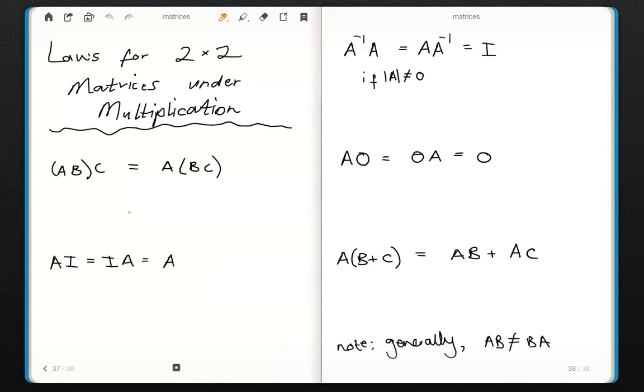This is what we call the associative law, as we also had an associative law when we talked about addition. Then AI equals IA, which equals A. Remember, this was our identity matrix, which for 2 by 2 is 1, 0, 0, 1. This is what we call the multiplicative identity law.